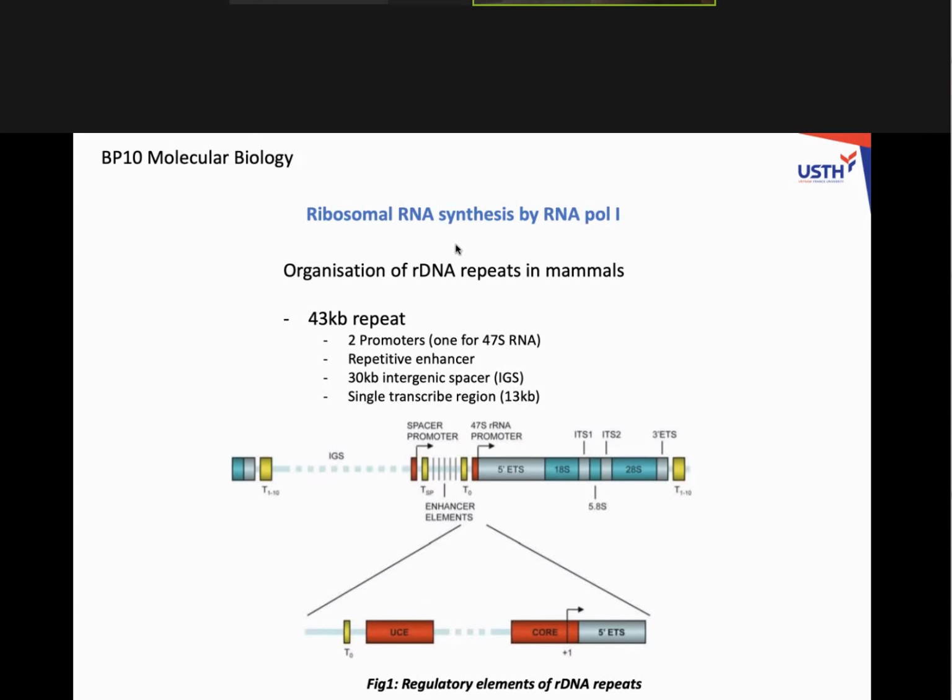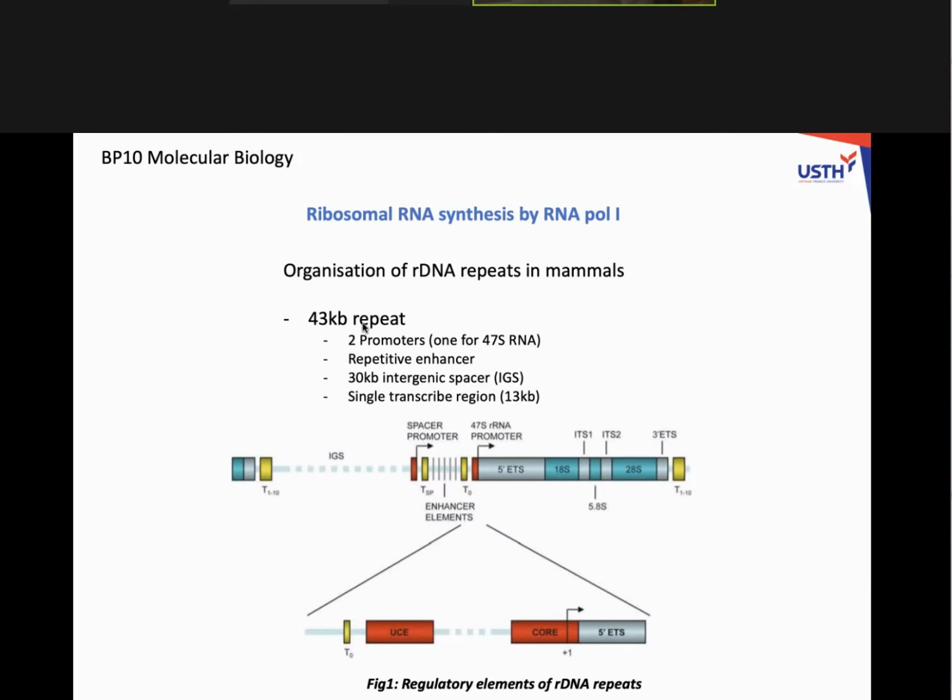So I'm just going to talk to you a little bit about the structure and how RNA Pol1 works, because it's quite peculiar. This RNA polymerase only transcribes the rDNA, which is the DNA that is going to be transcribed into ribosomal RNA. What's happening in mammals, this is the best documented data in mammals for that.